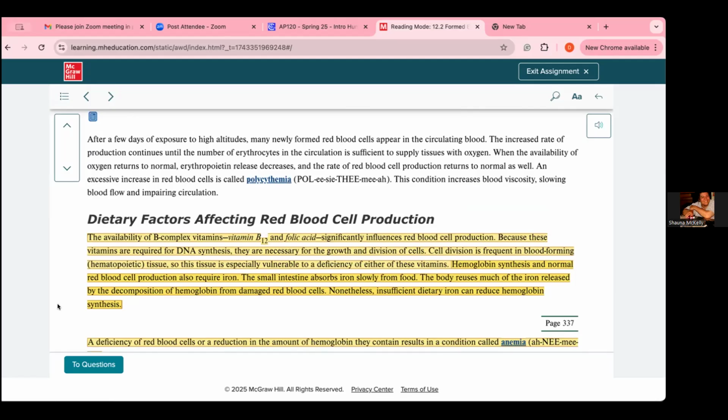Cell division is frequent in blood forming hematopoietic tissue, so this tissue is especially vulnerable to a deficiency of either of these vitamins. So B12 and folic acid. And it says hemoglobin synthesis and normal red blood cell production also requires iron. So B12, folic acid, and iron.